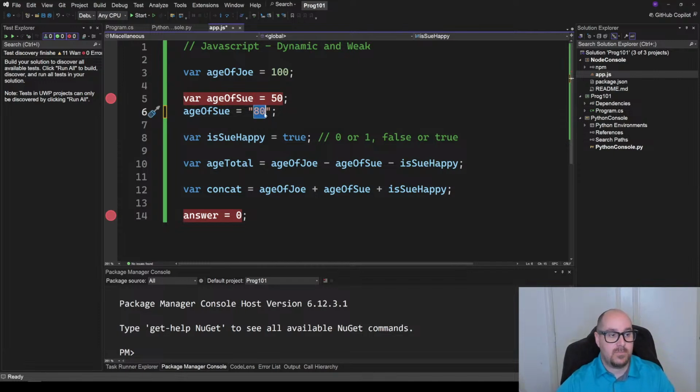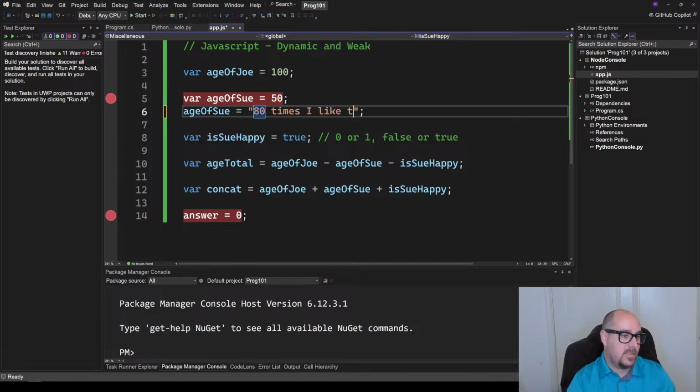This is still just words. You could say "I like to fly" 80 times or whatever you want to put. Letters are characters, just like numbers are characters. So this is a string and it's surrounded by quotes. Quotes mean it's a string, which is a series of characters, or text that is a series of letters and numbers and symbols like that.